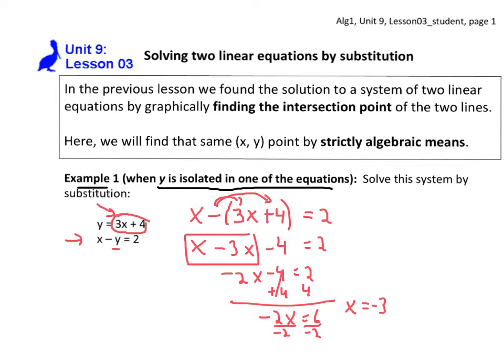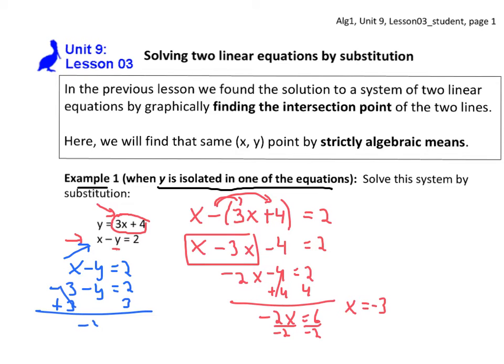Now I have to go back into either one of the equations and substitute x. So I'm just going to pick this equation here. So I'm going to let x minus y equals 2. And x is negative 3. So negative 3 minus y equals 2. Then add 3.